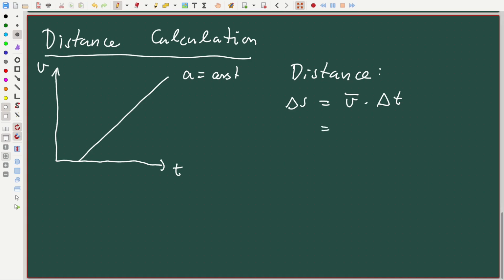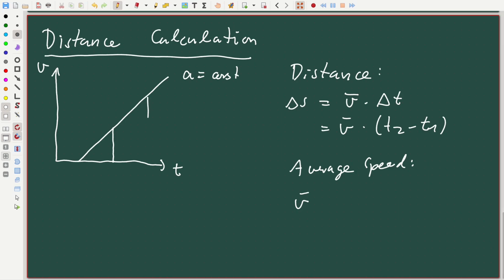First, let me rewrite this equation a little bit. So we can write here v bar, the average speed, times t2 minus t1. This is just the definition of this delta. But then we can now give the average speed v bar. And in order to calculate this, first we choose any arbitrary interval.